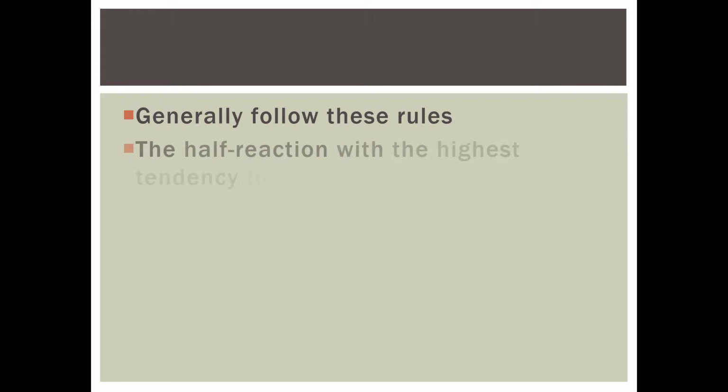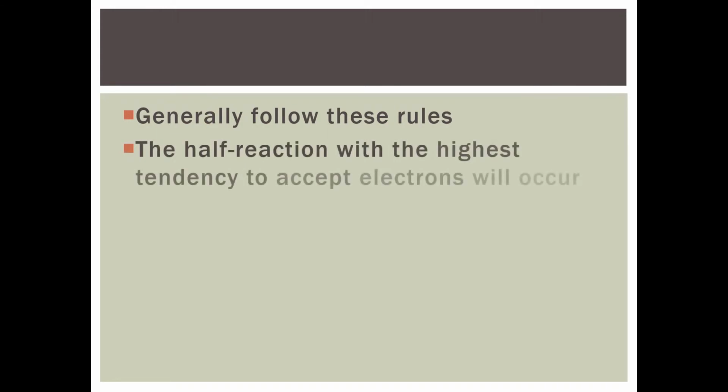Generally speaking, we'll follow two rules when deciding what reactions should occur, and as a result, what the actual electrochemical cell will be. For the reduction, we'll choose the highest reduction, or the reduction that generates the most electricity, or the reduction that has the strongest oxidizing agent.